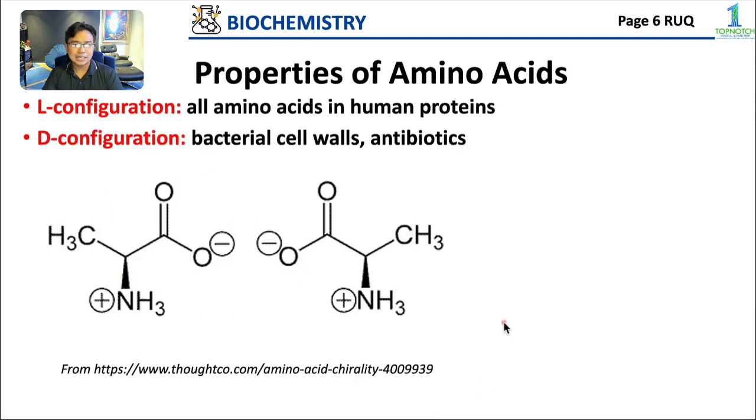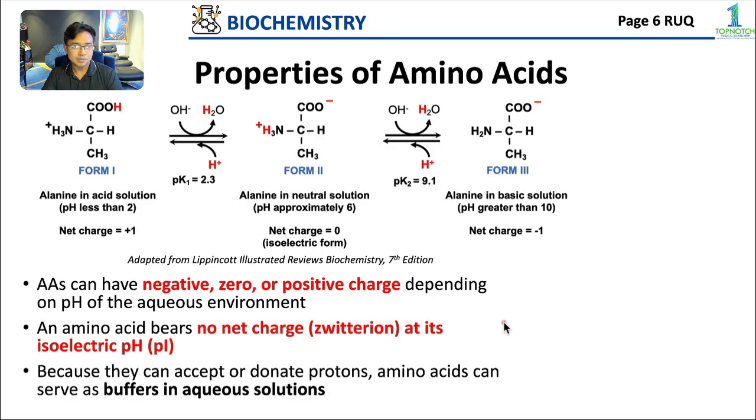Moreover, take note that all amino acids in the human proteins are in L configuration, while those in the cell walls and antibiotics are in D configuration. Amino acids are substances that resist the drastic change in pH in a selected media or body compartment, making them a very good physiological buffer in the body.